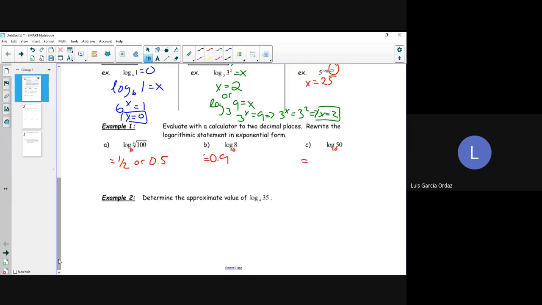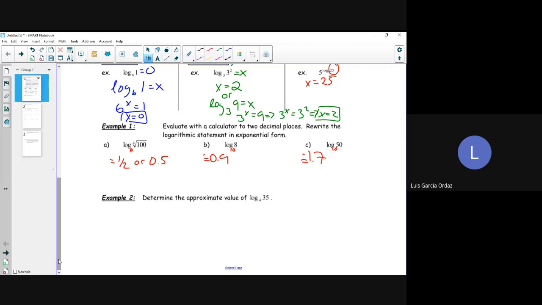And the last one, log base 10 of 50, what would that give us? 1.7. Thank you. So as you can see with a calculator, it is pretty easy to find the values of these logarithmic expressions.